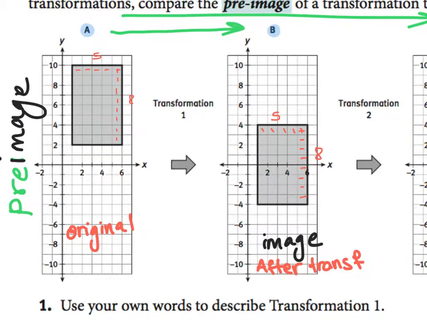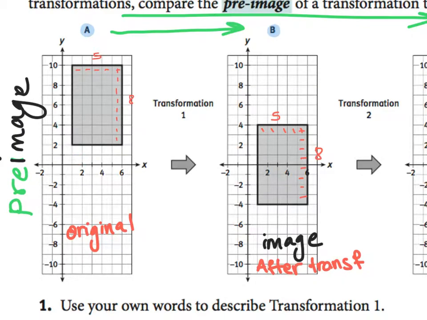So the size of this rectangle did not change. However, it's basically shifted down. It didn't shift right or left, just shifted down. It was at 10 and now it's at 4. So it shifted down 6.